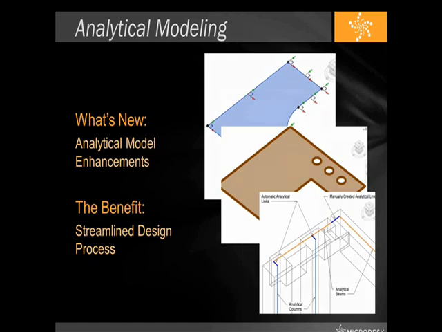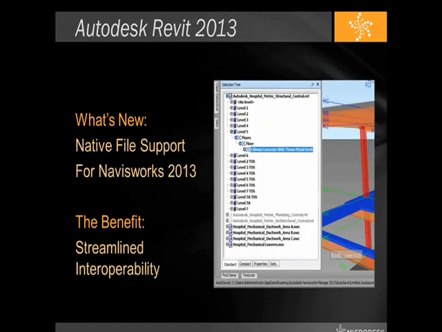For the first time, you now have the ability to bring in Revit files directly into Navisworks. You no longer have to spend time exporting your file to Navisworks, and you also do not have to spend time breaking your file out by levels, which in the past was the best practice.